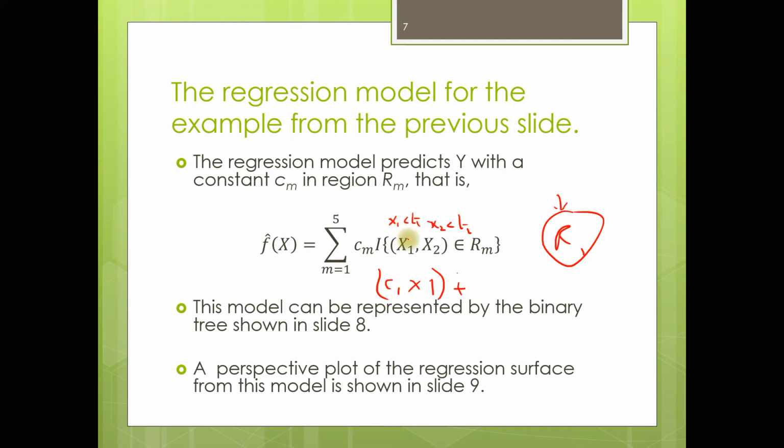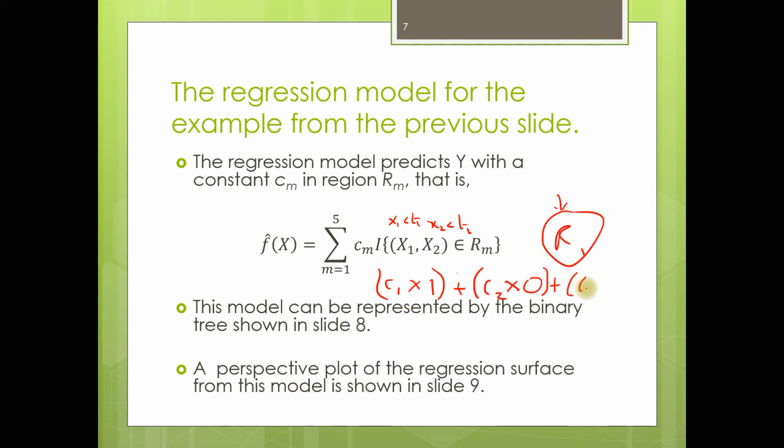But when you are taking a set of values, the set of values stays constant, you don't change it for the different regions. So what is happening here? For the same set of values, you would have a certain constant C2 multiplied by 0, because for x1 less than t1 and x2 less than t2, it is not located in region 2, which means that it does not belong to region 2, which means that it is going to return 0.